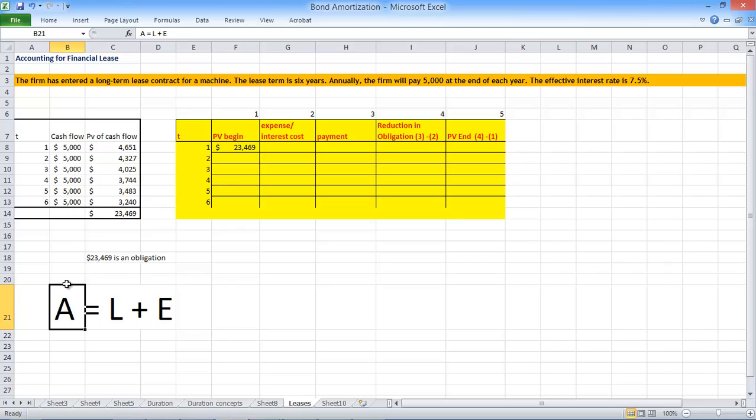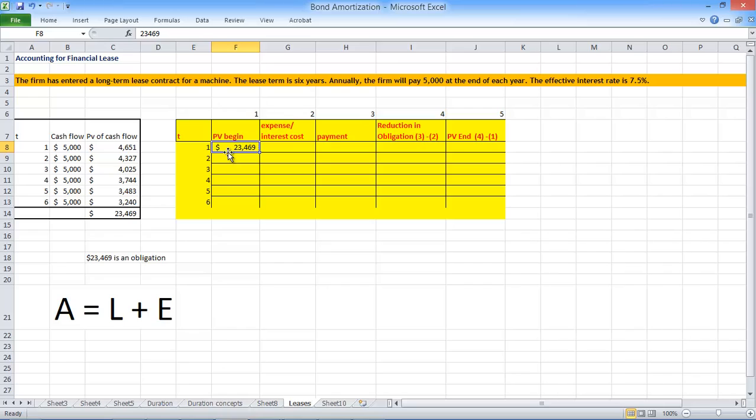So if your assets are increasing, in order for this equation to be balanced, your liabilities also should be increasing. So in this example, our liabilities are increasing because we have an obligation, and in our balance sheet we have a liability, and we also have an asset over here. So our goal right now here is to reduce our liability to 0.